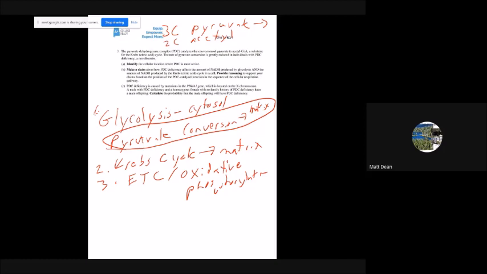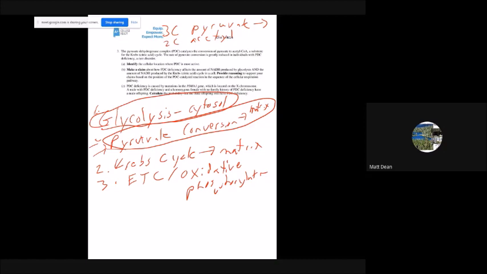Part B, make a claim about how PDC deficiency affects the amount of NADH produced by glycolysis and the amount produced by Krebs cycle. Provide reasoning to support your claim based on the position of the PDC catalyzed reaction. So essentially, notice that the pyruvate conversion happens after glycolysis.